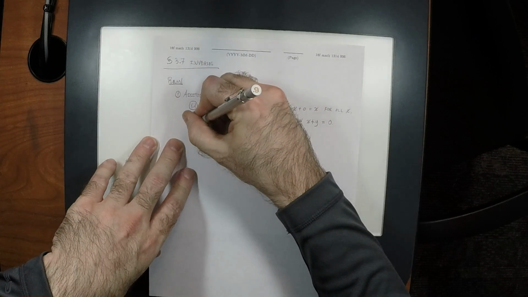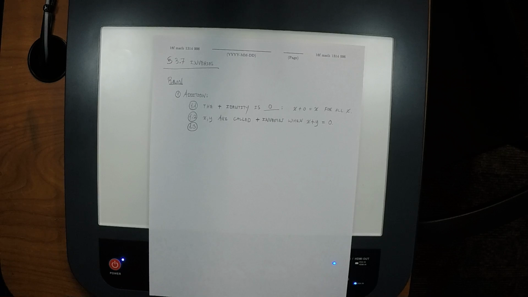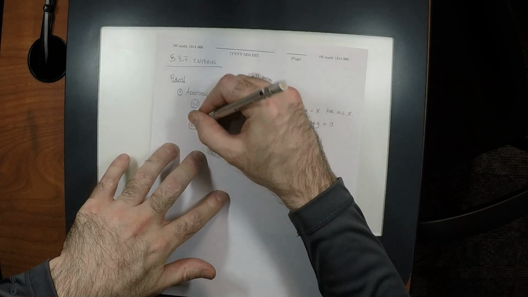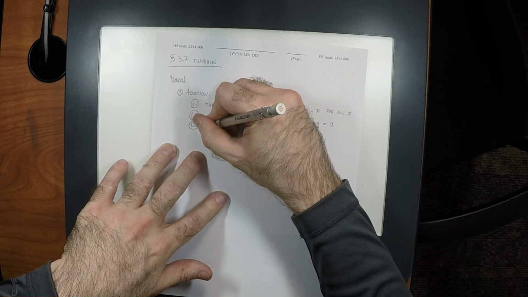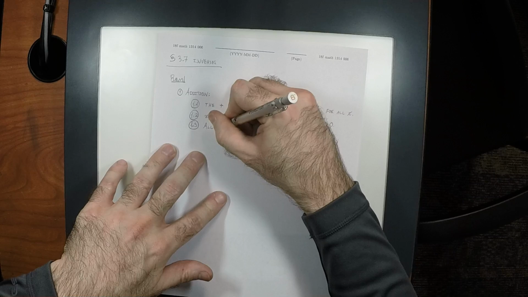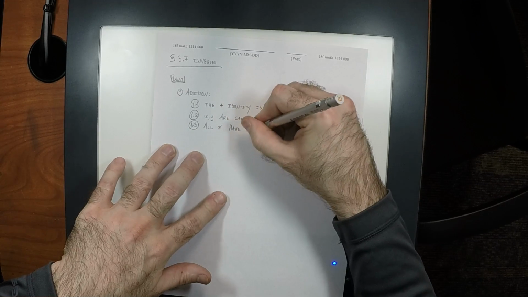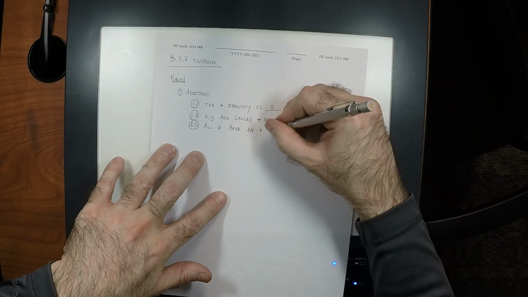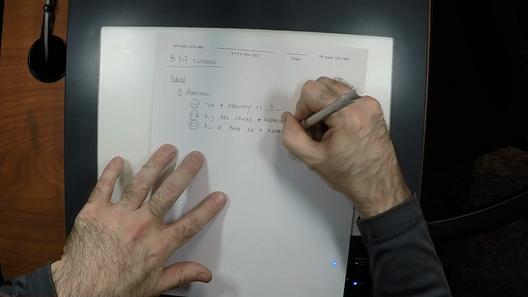So 1.3. Here's just a fact, I'll just state it without much comment. All x have an additive inverse. So every number can be additively inverted.